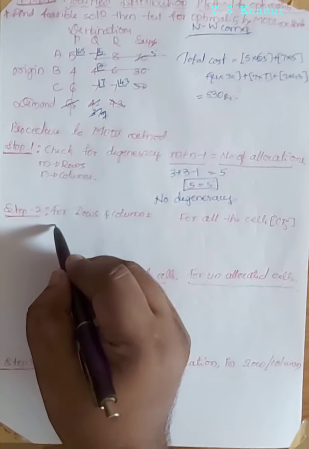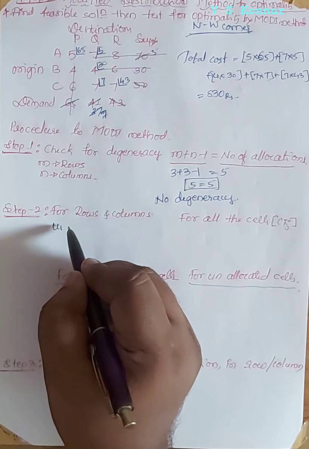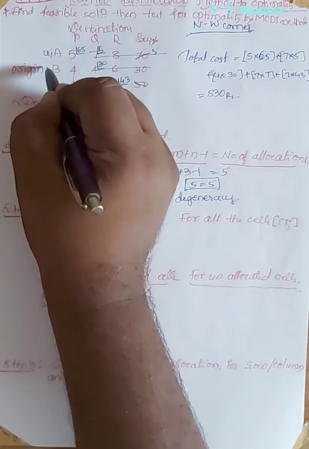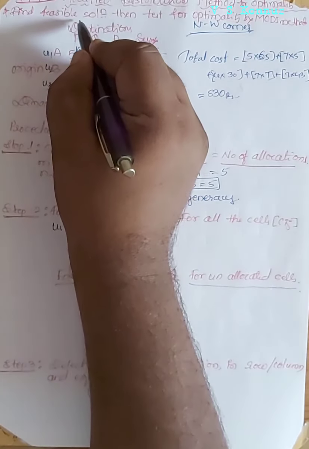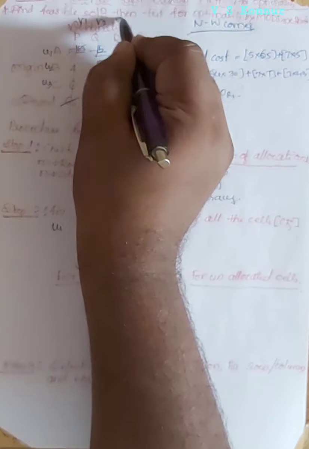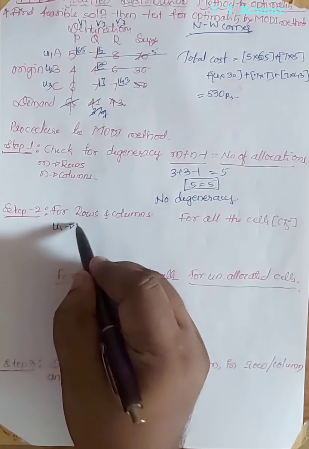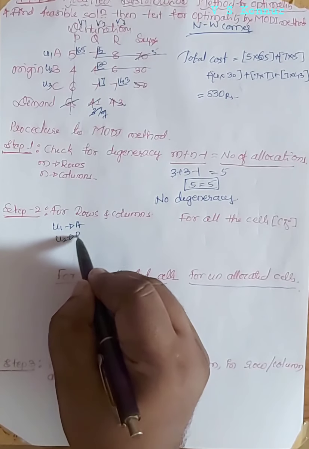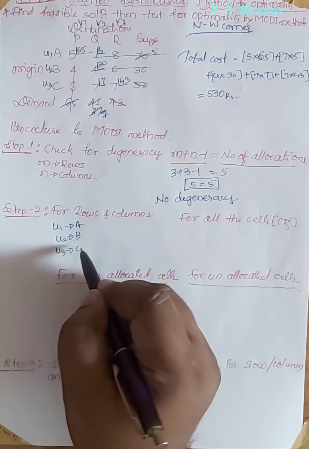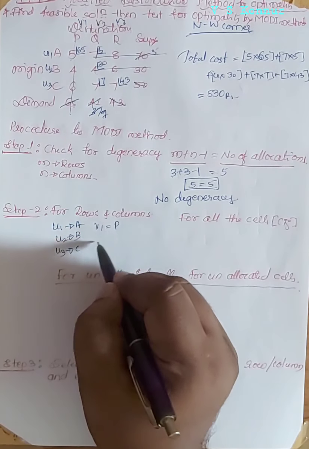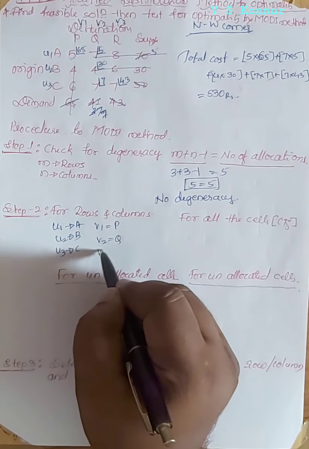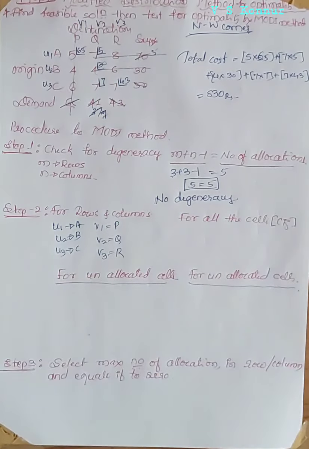For rows, you have to write U1, U2, U3. For columns, you have to write V1, V2, V3. U1 is for A, U2 is for B, U3 is for C. V1 is for P, V2 is for Q, V3 is for R. This is how you have to write.